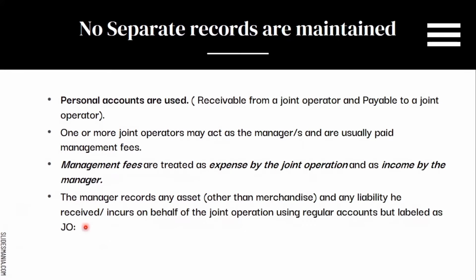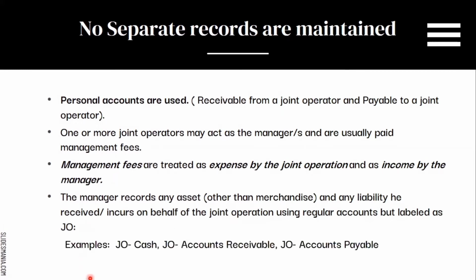So kung tayo ang manager, pwede tayong mag-record ng kahit anong asset other than merchandise and kahit anong liability using regular accounts. Regular accounts such as cash, accounts receivable, and accounts payable, and so on. Pero kailangan nating i-label dyan as JO. For example, JO cash, JO accounts receivable, and JO accounts payable.